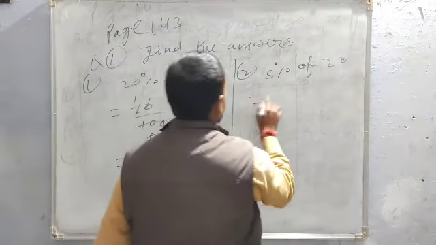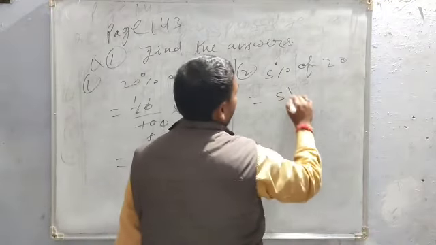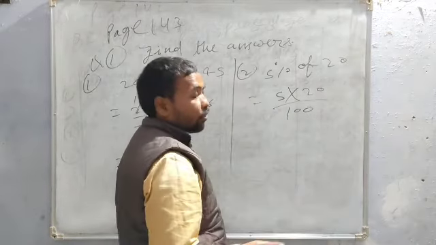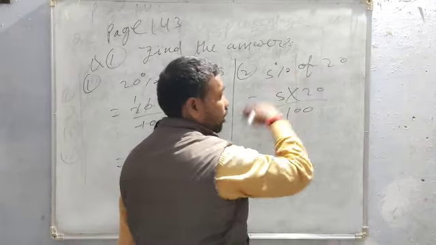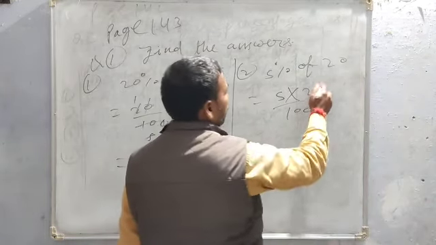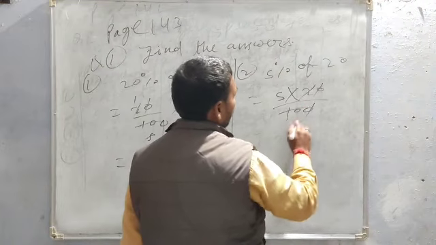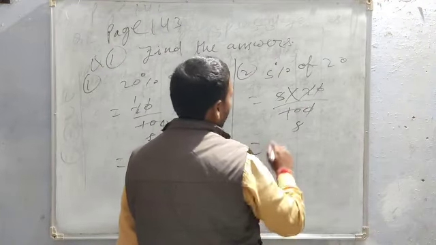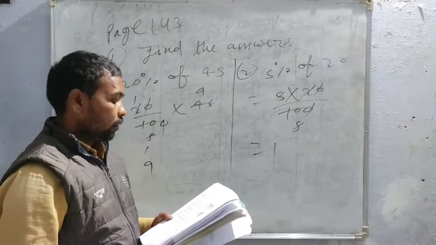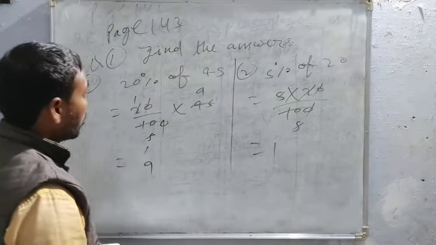So you can do it by this method or another method: 5 multiplied by 20, divided by 100. If you don't know how to reduce to lowest terms, you can multiply, and whatever number comes, divide by 100. Or anyway, 0 will be cancelled, 1 two is 2, 2 fives are 10, that is 1. 5% of 20 will be 1. And the third one.